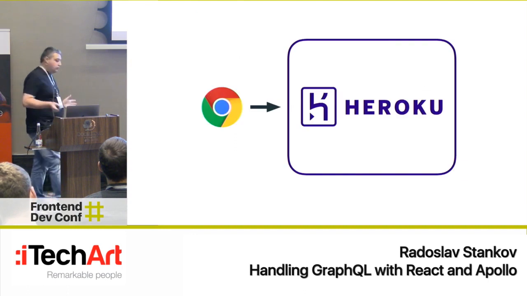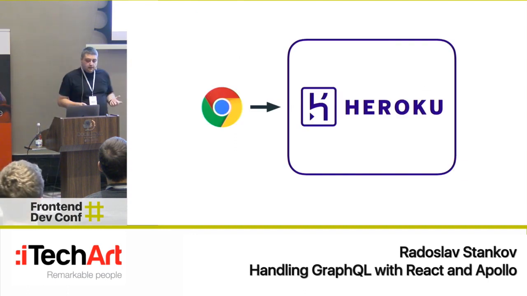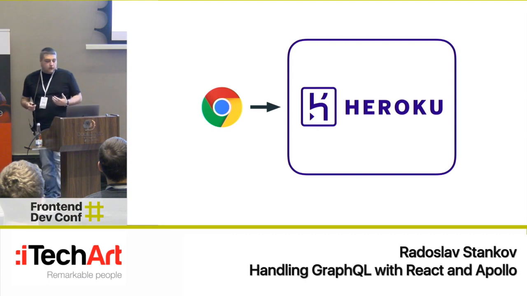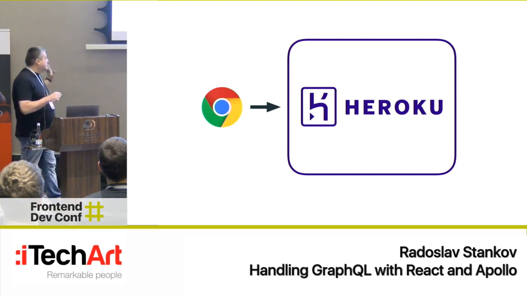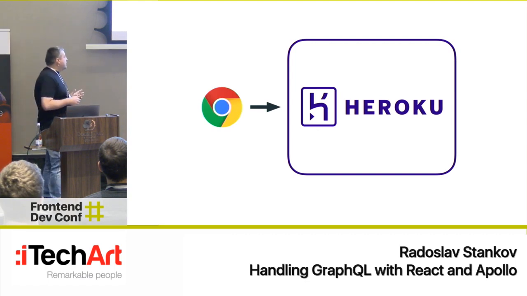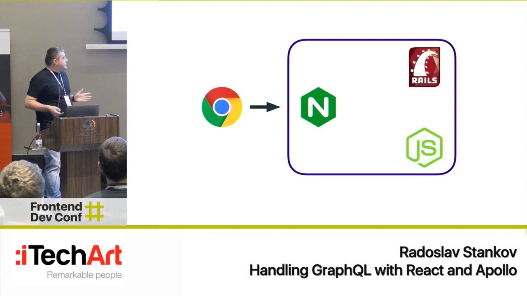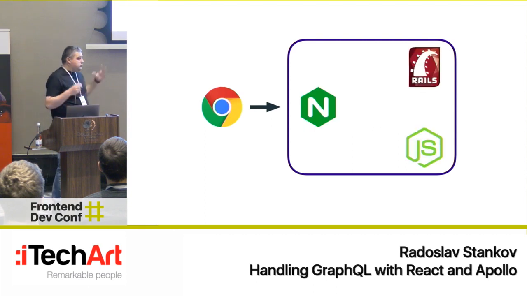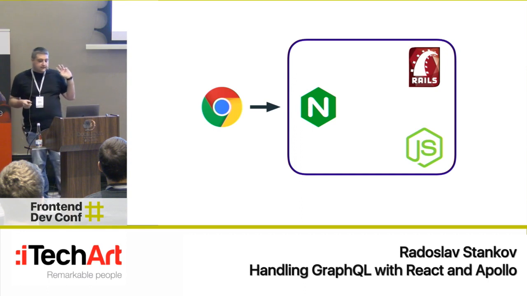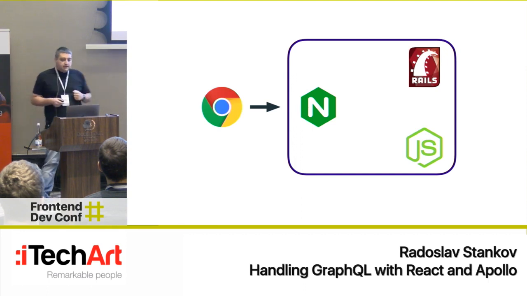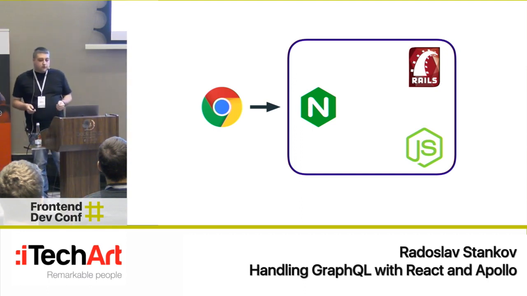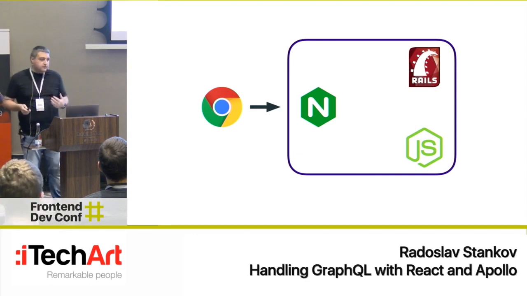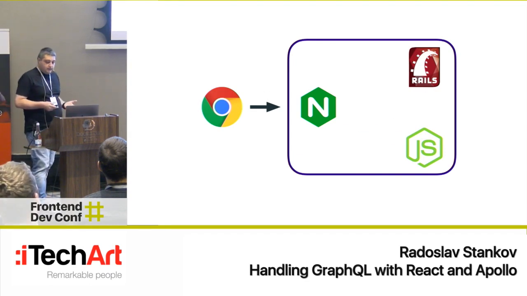So just a bit of context, since context is king. The way Product Hunt works in the backend is we are still hosted on Heroku, and when a request comes, we have a Heroku dyno where three things live. One is Nginx, another is a Node.js server for React, and one is a GraphQL server written in Rails.